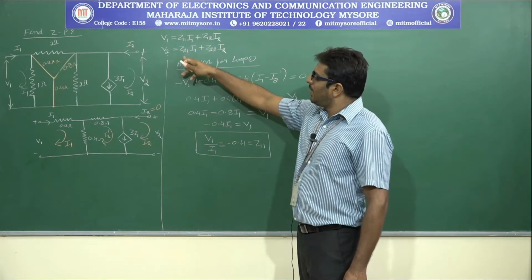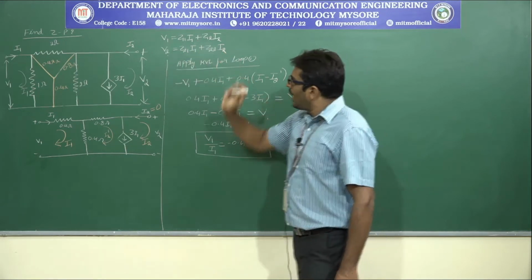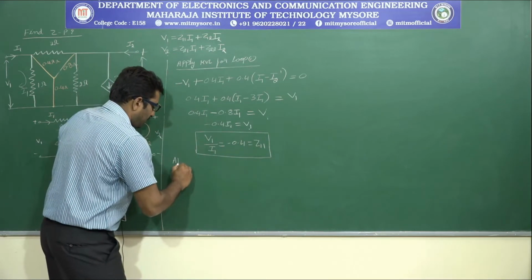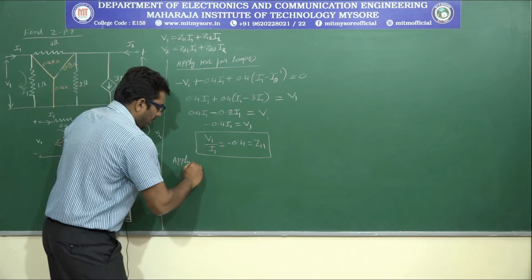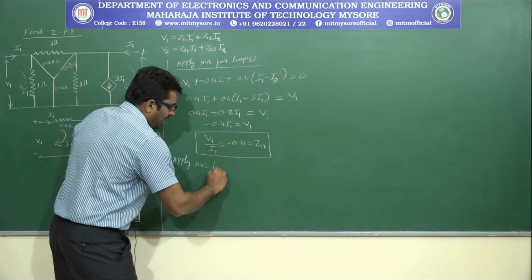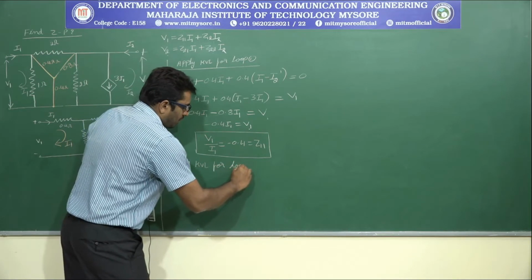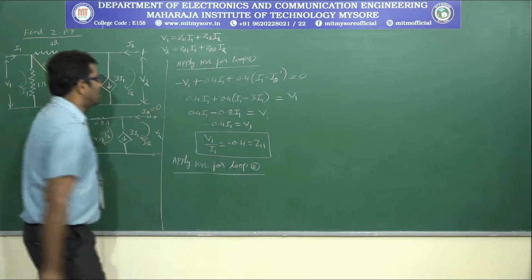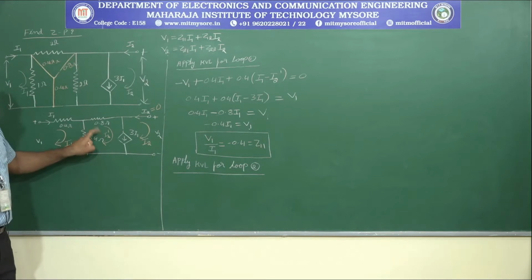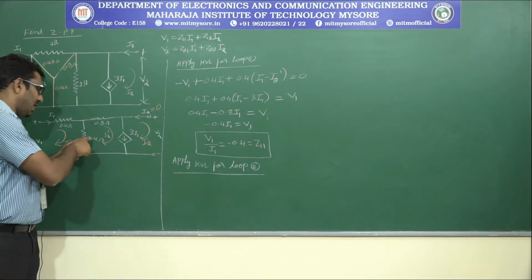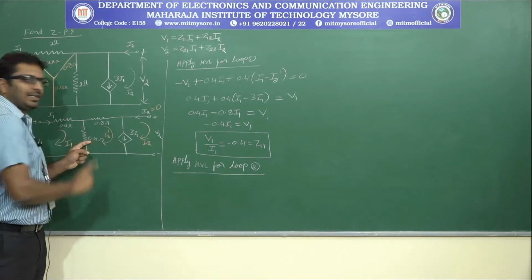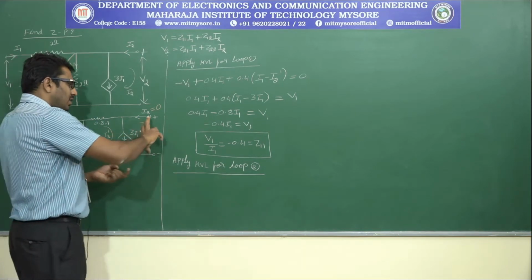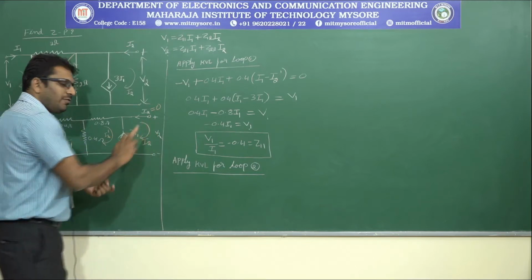Now, in order to obtain Z21, apply KVL for loop 2. Loop 2 is this loop, which consists of 0.4, 0.8, and 3I1, right? But across loop 2, the voltage across the open circuit terminal is V2.